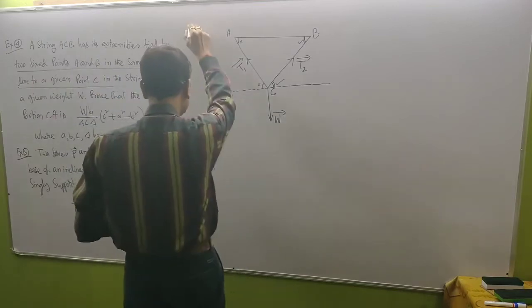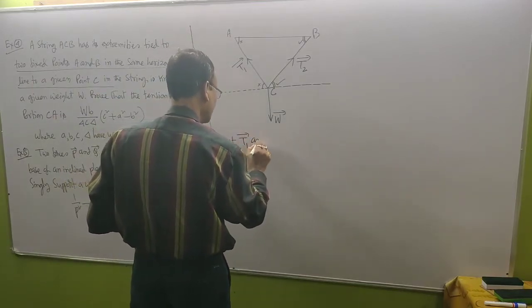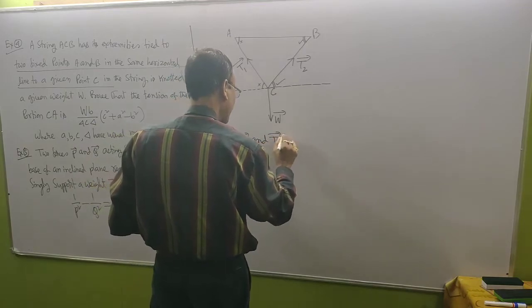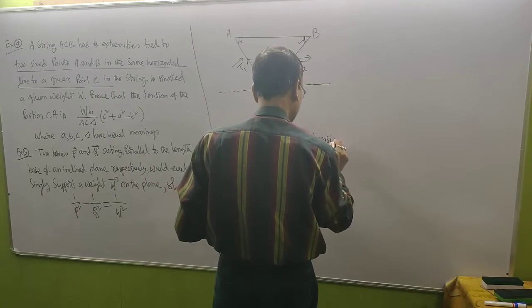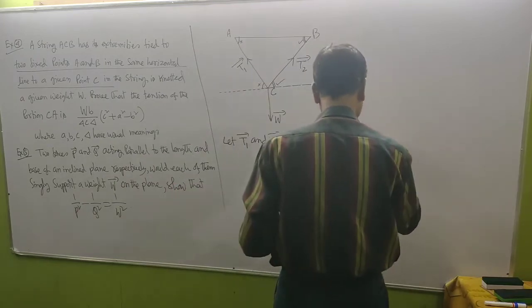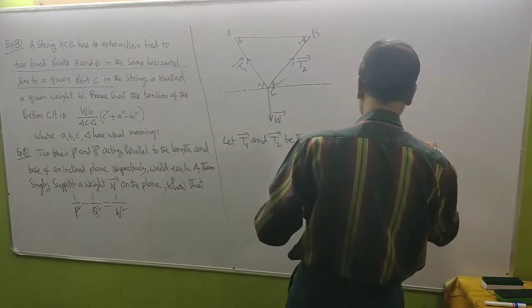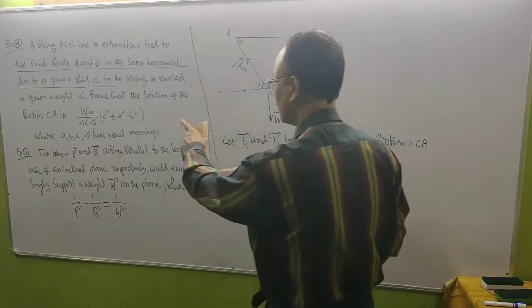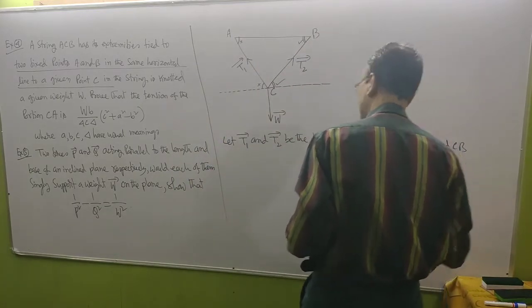Let T1 and T2 be the tensions of the portions CA and CB respectively.